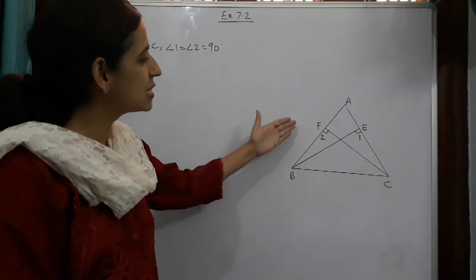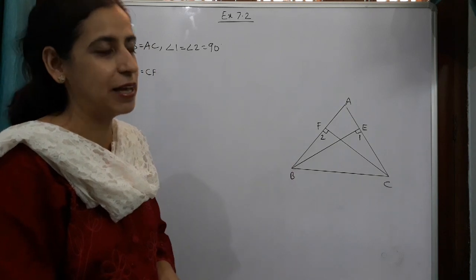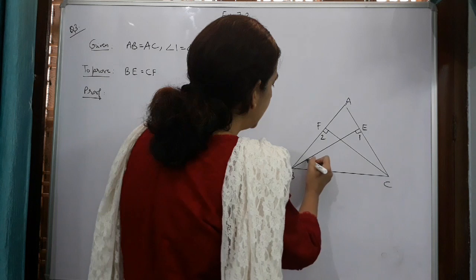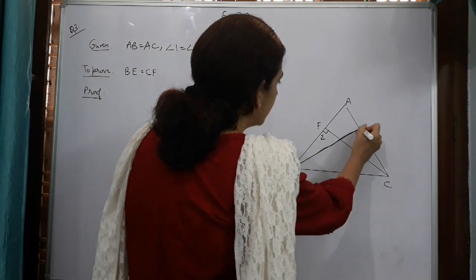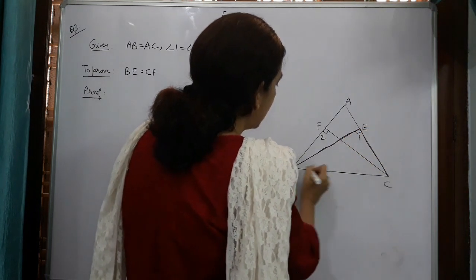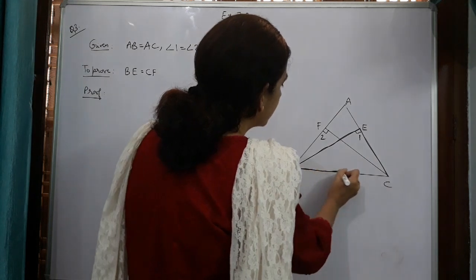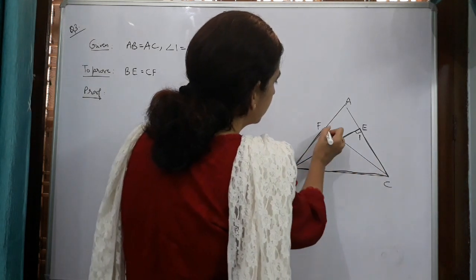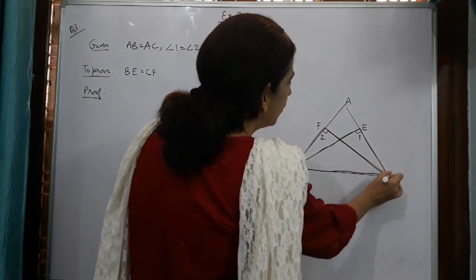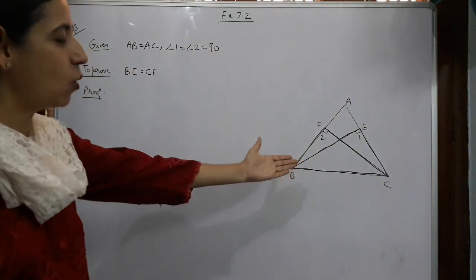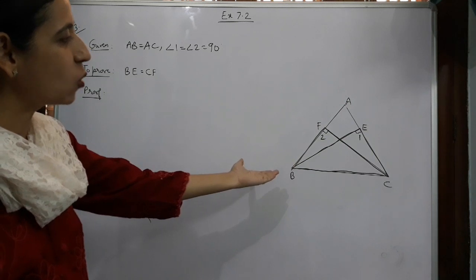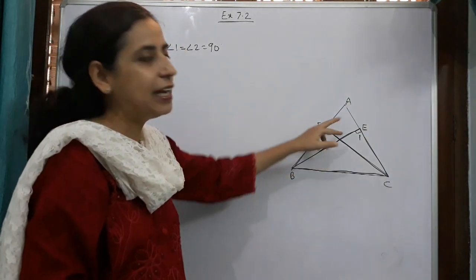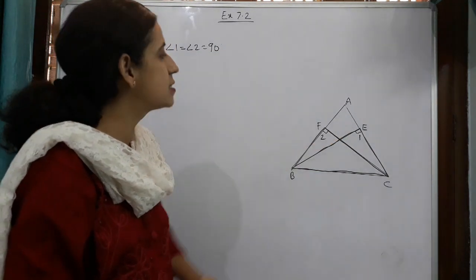Now let us do the same question by the second method. Over here we take triangle BEC, this triangle, and we take triangle CFB, that is this triangle. And we will prove these two triangles to be congruent, and if the triangles are congruent, then also by CPCT we will obtain that BE is equal to CF. Let us see how.